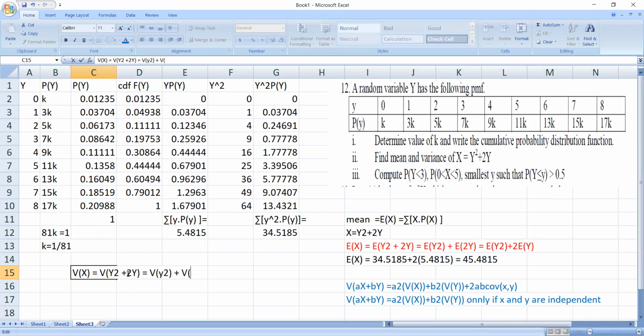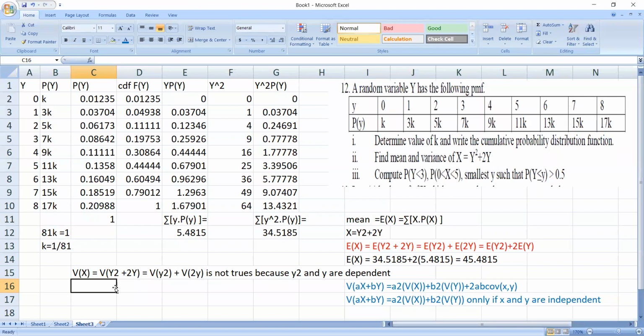You cannot write it this way. It is not true because Y square and Y are dependent. Because as Y changes, Y square obviously changes. Y square is dependent on that. So you cannot split like this.